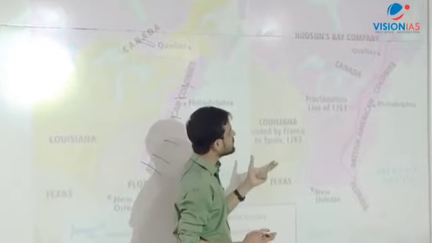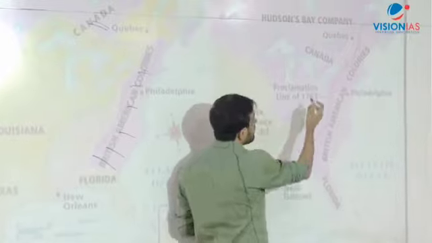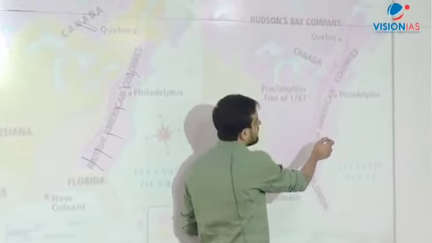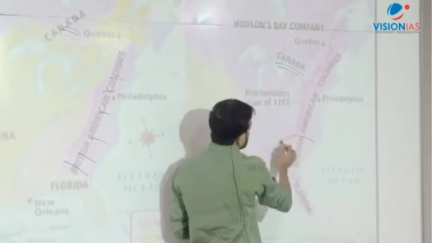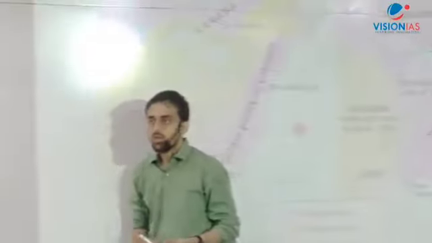The major thing that you see is that with the 7-Year War, the British take up substantial colonies of the French in both the Canadian as well as the American region, the United States region, predominantly along the eastern coast.